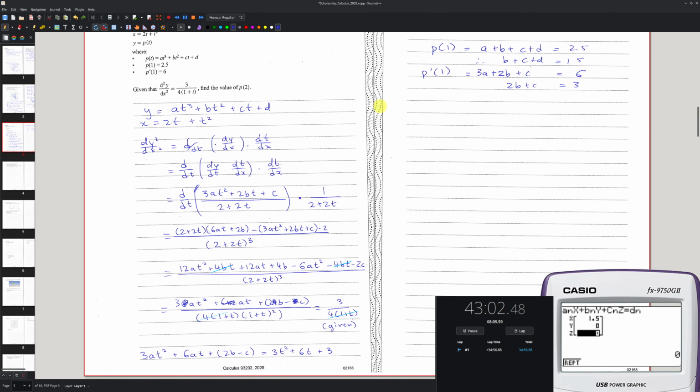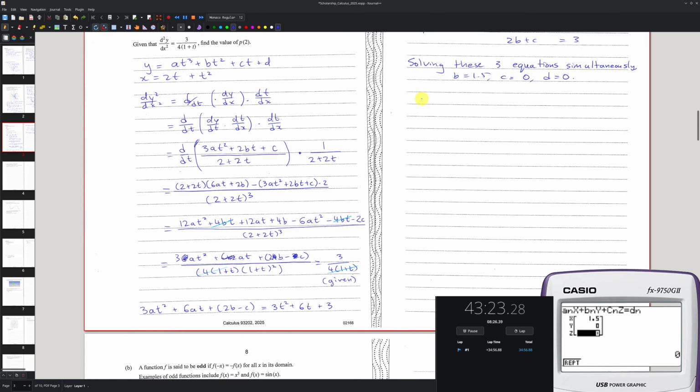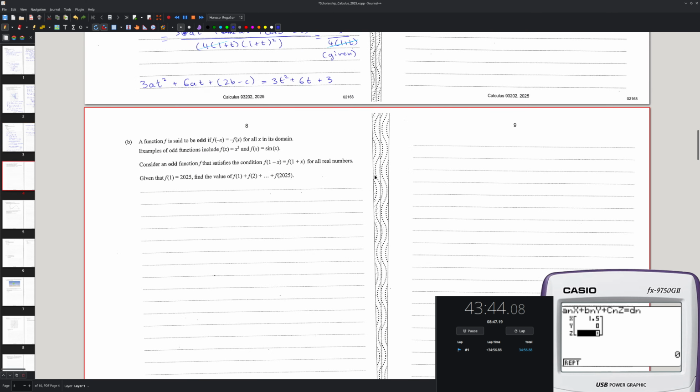Solving these three equations simultaneously, b equals 1.5, c equals 0, d equals 0. Therefore, p of 2 is equal to 8a plus 4b plus 2c plus d, which should be 8 plus 6, 14. Okay, I hope that was correct.